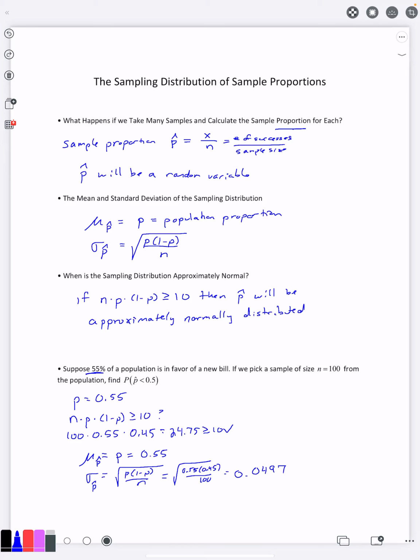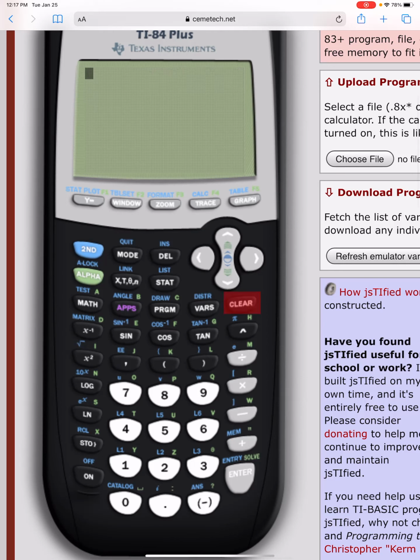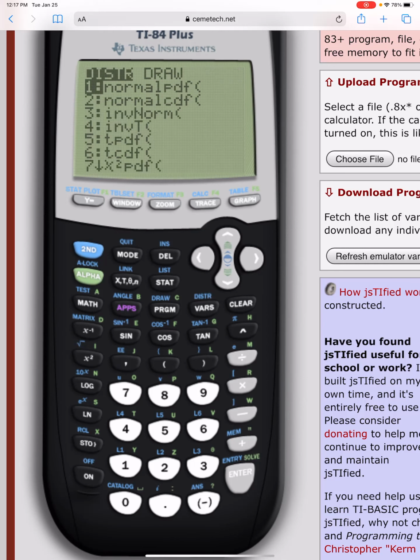So now I have my mean and I have my standard deviation. And I'm trying to find the probability that P hat is less than 0.5. So I'm going to go ahead and put this into our TI calculator to get our answer. So I'll pull that up here. So second vars.